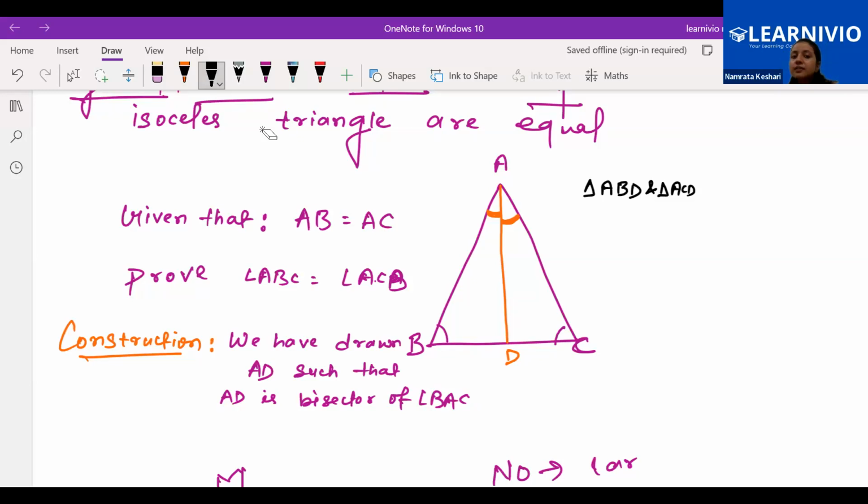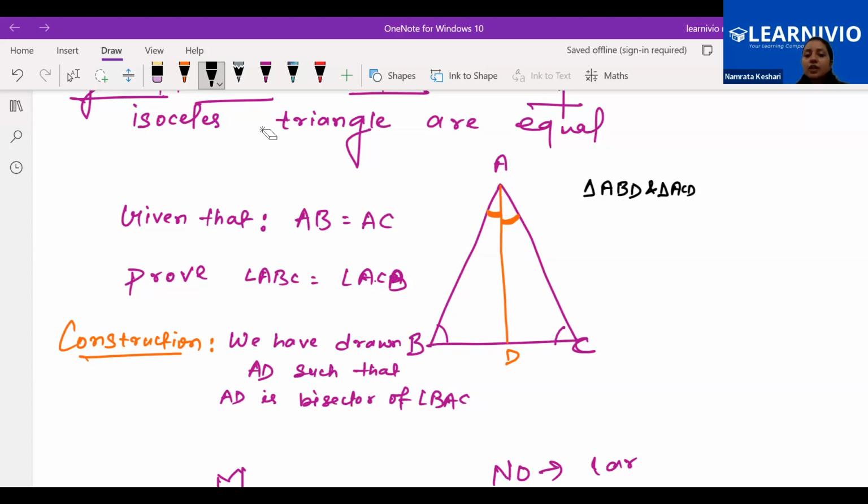See the given information, see the construction part, and let me know, is it possible to prove these two triangles as congruent triangles? Yes, ma'am. Yes, let's write it.